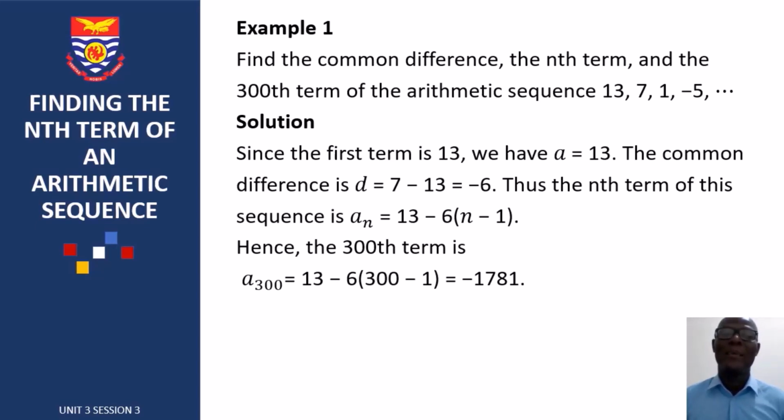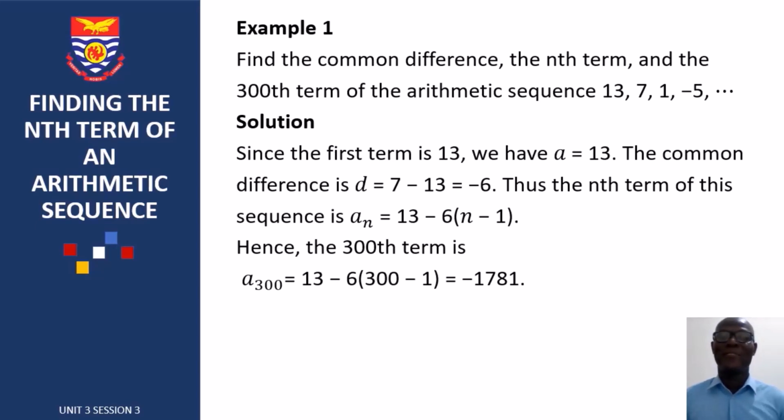Now, A subscript n is equal to 13 minus 6 into bracket n minus 1, because positive multiplying negative gives negative.